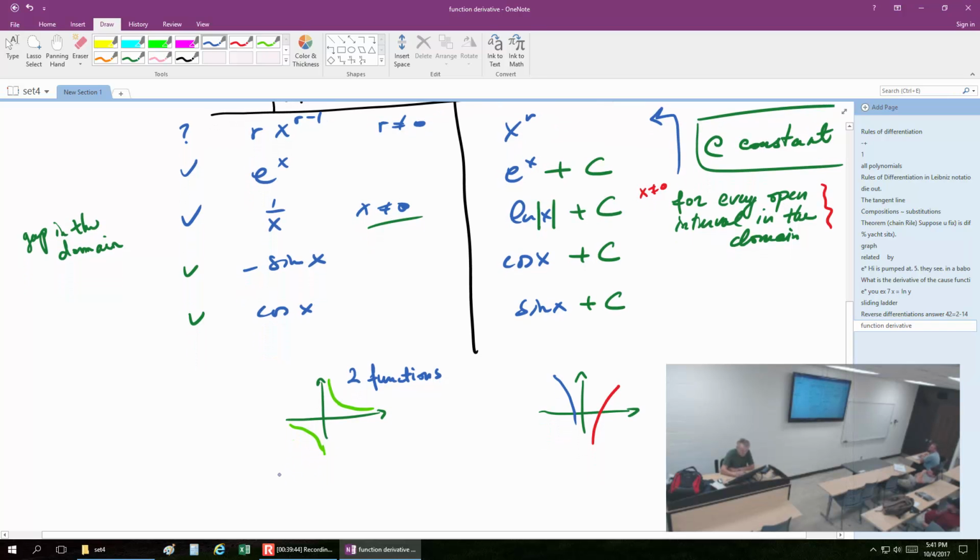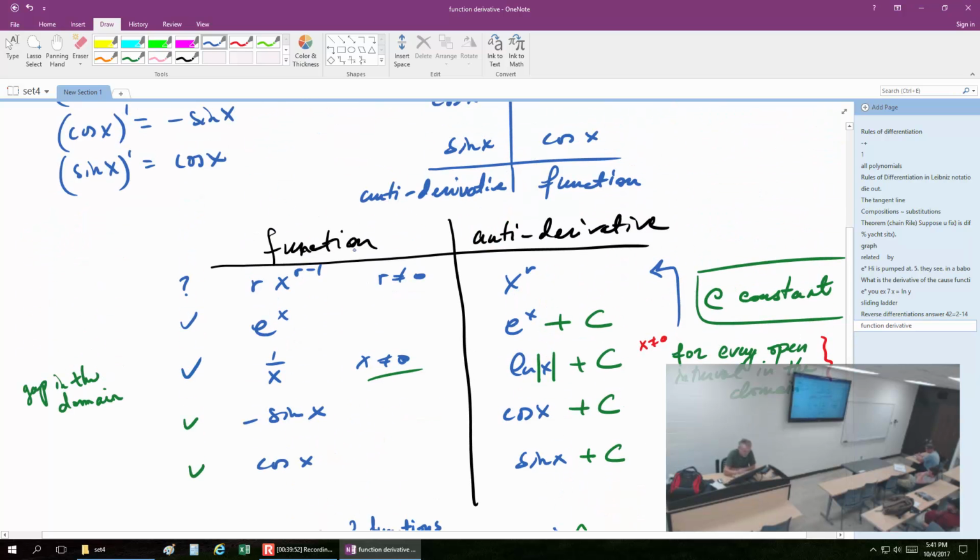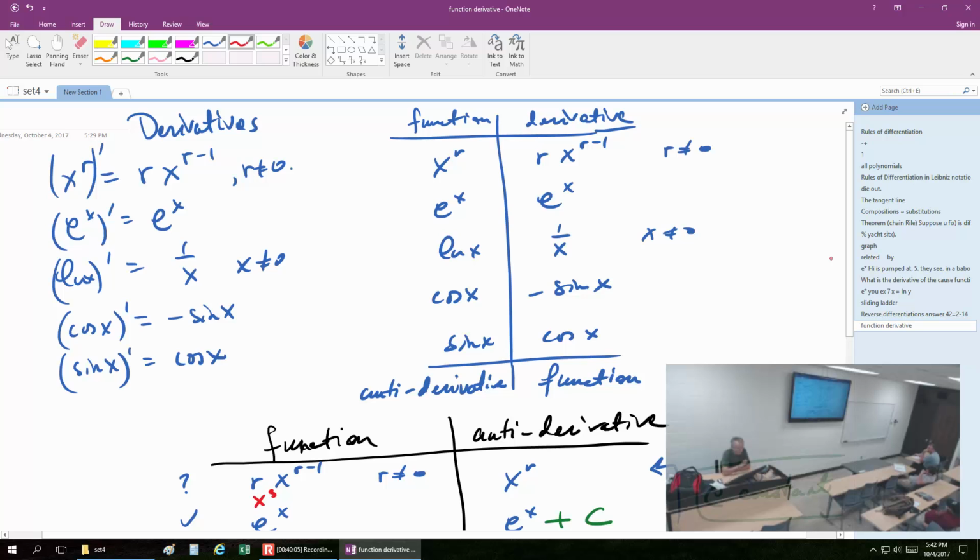So let me put it this way. There is really no room for me here. Let me try to squeeze it in. The coefficient kind of stands in the way. If you look at the original table over here, the simpler function was on the left, and whatever happens, you end up with it on the right.